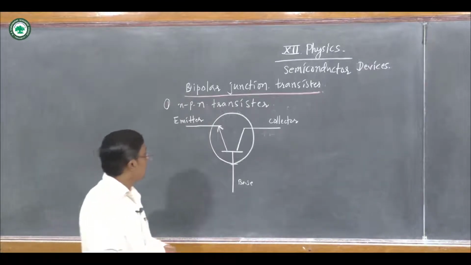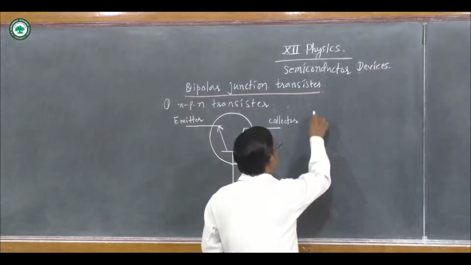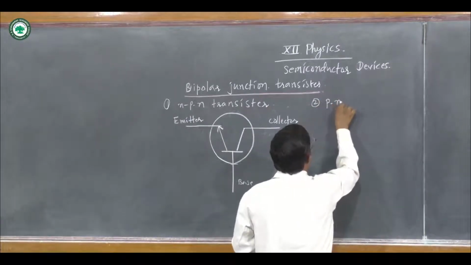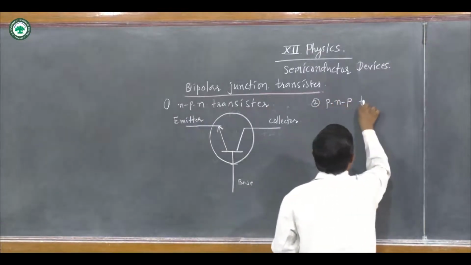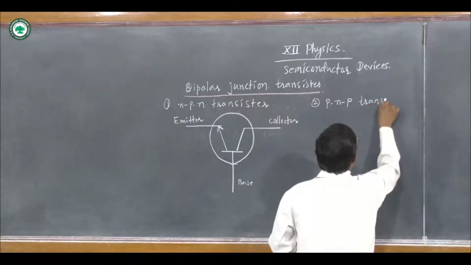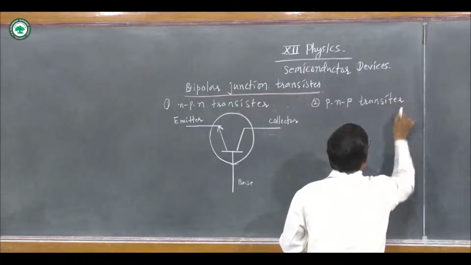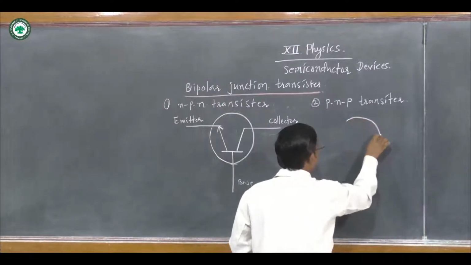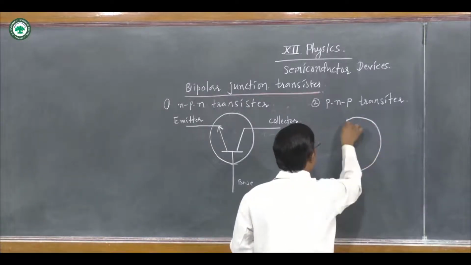And in the PNP transistor, let us see the symbol of the PNP transistor. It is drawn like this in a circle.